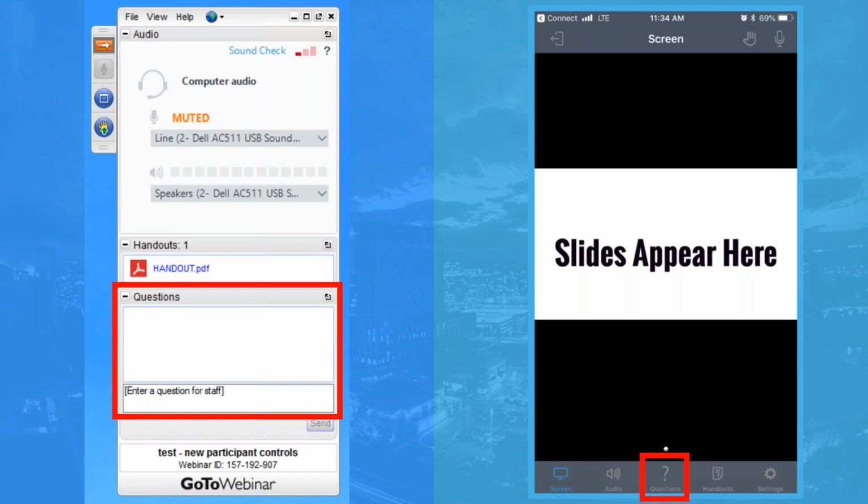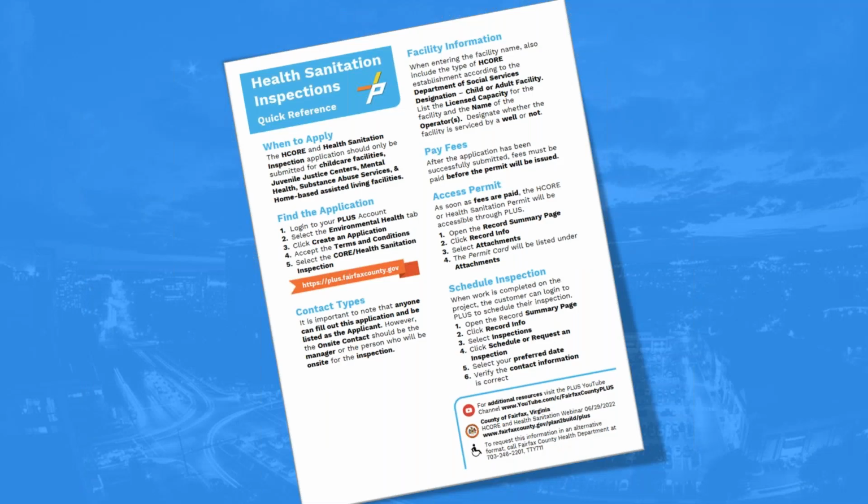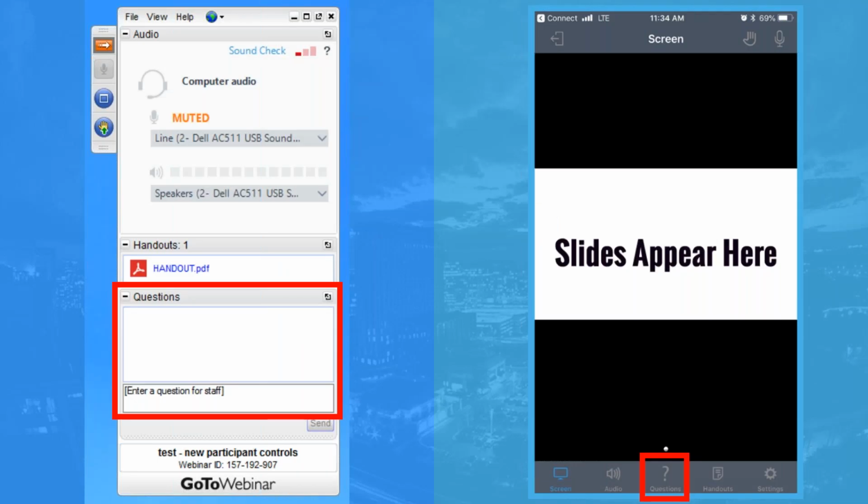Now, this is also a good place to mention that we have a handout for today's session, and it looks something like this. You can actually access this directly through your GoToWebinar software today. So if you're joining from the computer, that's going to be pictured right above where the questions are. You should see the handout attachment there.